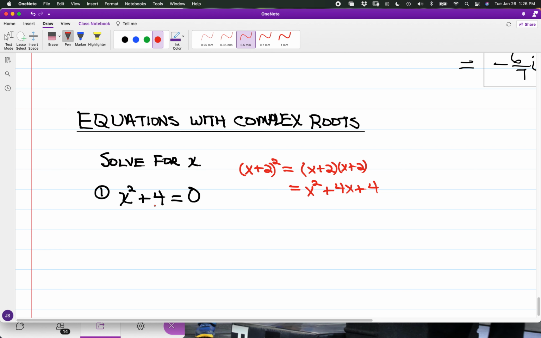So x squared plus 4, in terms of real number integer coefficients, cannot be reduced. So in terms of solving for x, I'm going to isolate the x squared term upon taking 4 away from both sides.